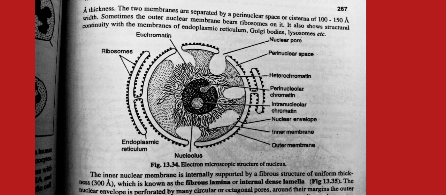When we study the inner membrane, the inner nuclear membrane is internally supported by a fibrous structure of uniform thickness, 300 angstrom, which is known as fibrous lamina or internal dense lamina. The nuclear envelope is perforated by many circular or octagonal pores, and these are called nuclear pores.